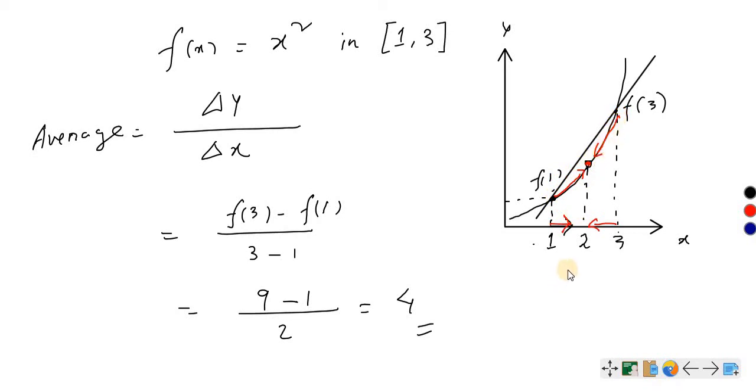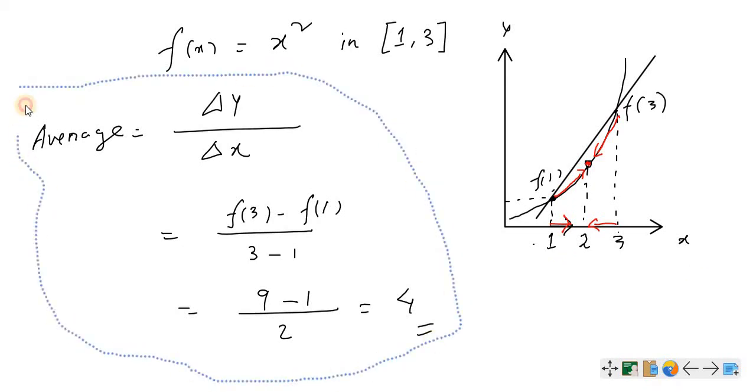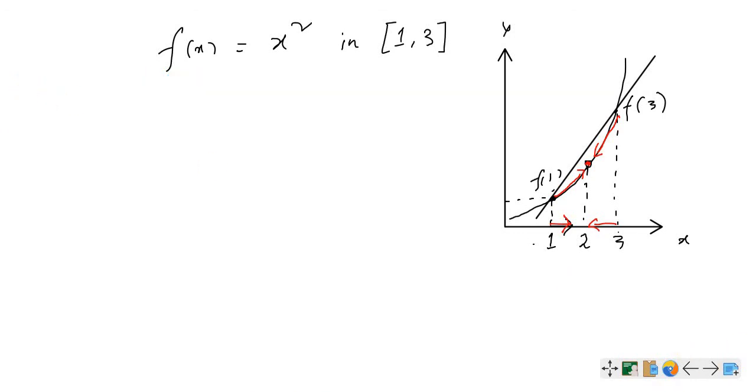Okay, so let us see. I'm just drawing this. Say that the closest value to 2 we take for the x-axis, from 1 let us approach to 1.9.